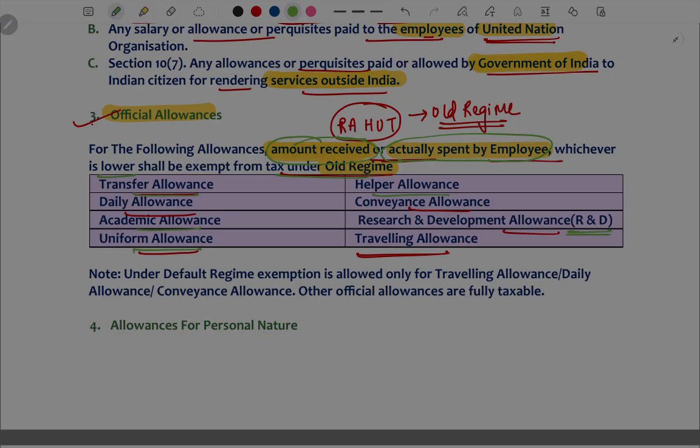If you get anything from these, it is exempted in the old regime. How is it exempted? The amount received or actually spent, whichever is lower. If the amount received is 5,000 and the amount actually spent is 10,000, you will get an exemption of 5,000. It will be exempted under the old regime, right?